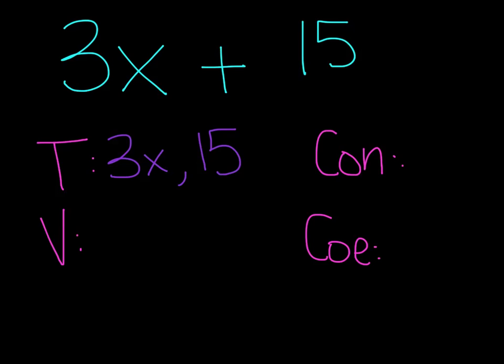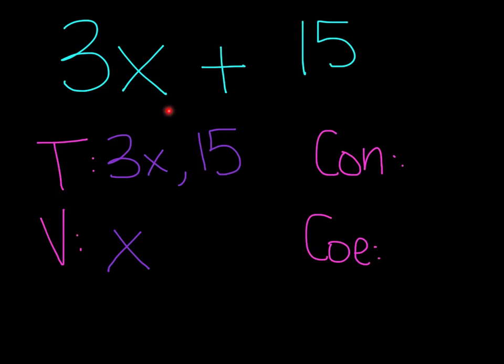Now my variable is always a letter, and I see that I only have one variable, and it just happens to be x. So x is my variable here. Now for my constant, actually let's go to coefficient since we just did variable. So my variable is x, and as I look up here, I see, okay, what number is paired with x?